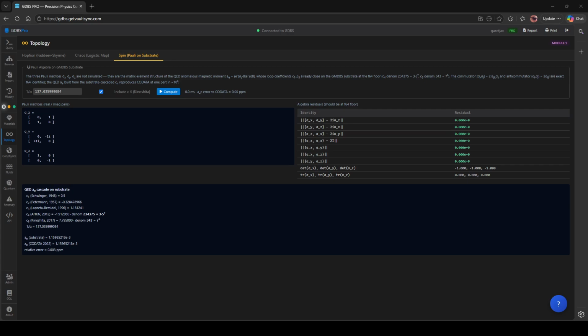Right now we're logged in and we're looking at GDBS Pro's new module, Topology. And as you can see on your screen, there is an already running CODATA parts per million evaluation.